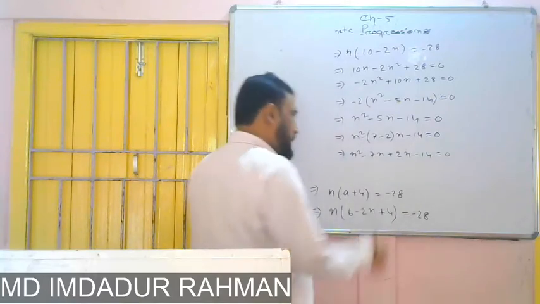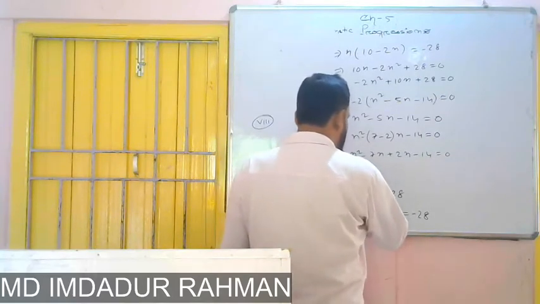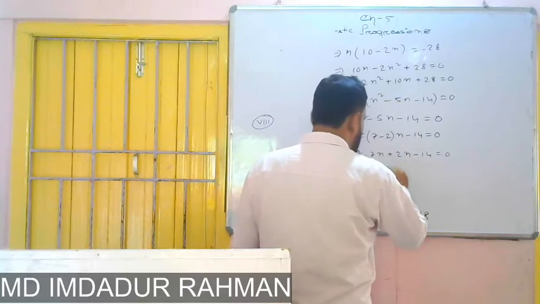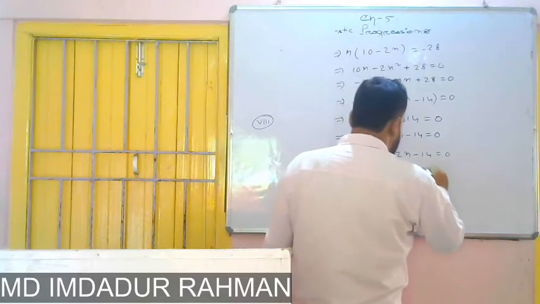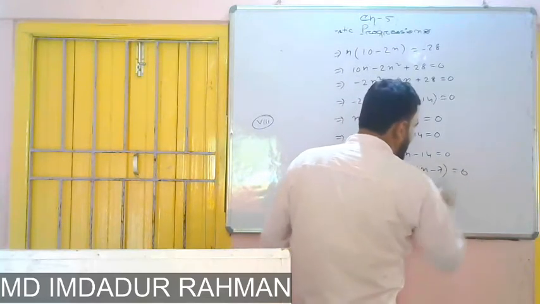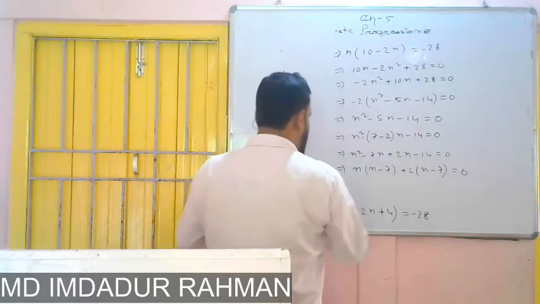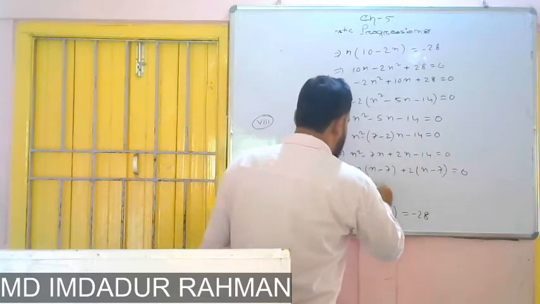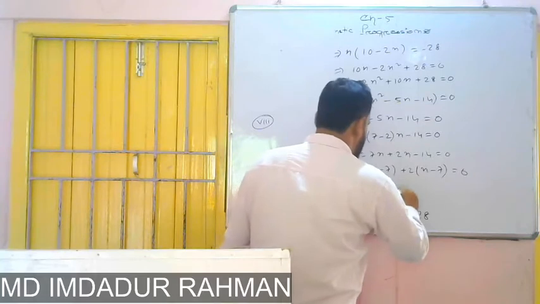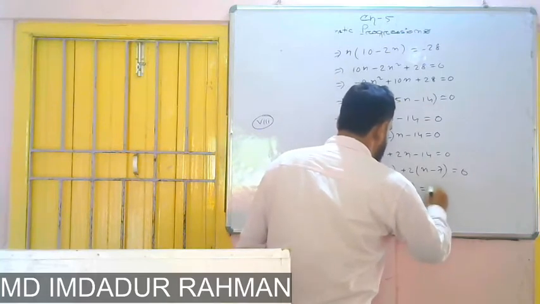Now we are getting n into n minus 7 plus 2 into n minus 7, implies n minus 7 into n plus 2 is equal to 0.